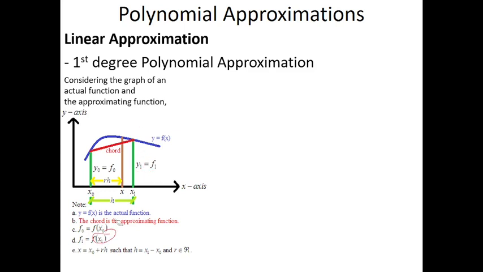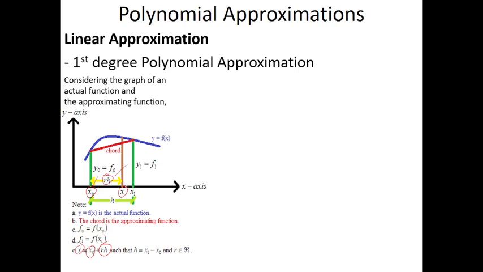Then we have x equals x sub 0 plus rh. I have introduced this before. Based on the graph, this is x, this is x sub 0, then this is rh. So to obtain x, we simply add x sub 0 and rh.